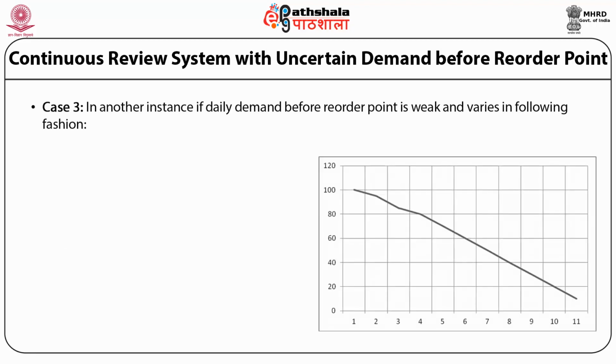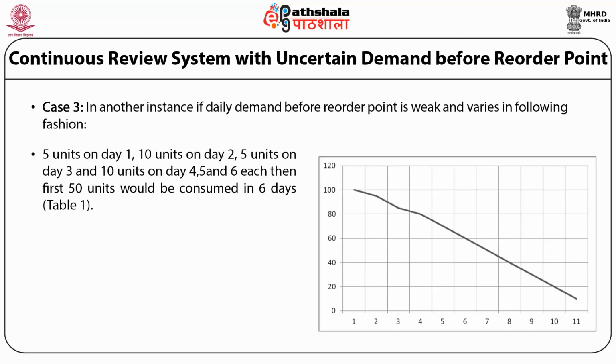Case 3. In another instance, if daily demand before reorder point is weak and varies in following fashion: 5 units on day 1, 10 units on day 2, 5 units on day 3, and 10 units on day 4, 5, and 6.